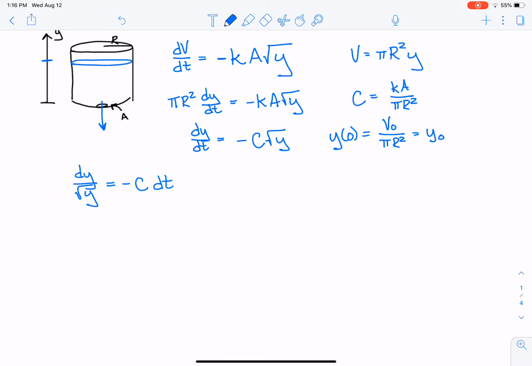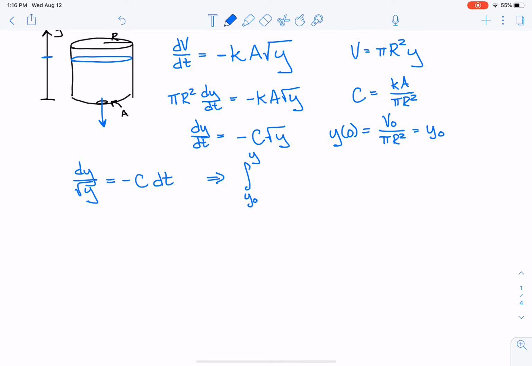Now, it's just a choice to leave the constant c on the right-hand side, but you'll see that that's kind of the easier choice to make. Okay, and now what I'm going to do is I'm going to integrate both sides. So I'm going to integrate the left-hand side from y0 to y, and I'll need to use a different variable here, so I'll do dx over square root of x.